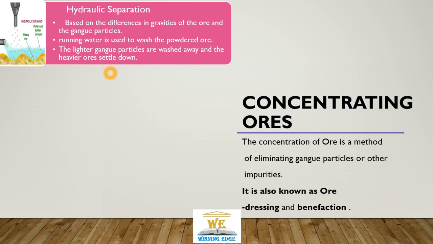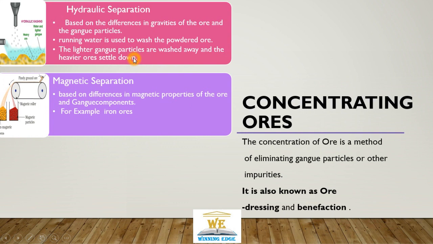Hydraulic separation is based on the densities, because if the ore is crushed and cleaned with flowing water, the lighter gangue particles with low density will be washed away and heavy ores will settle down. Magnetic separation is based on the magnetic properties of the ore.